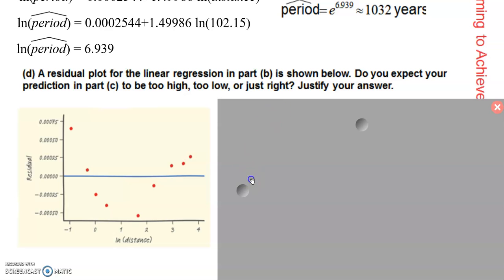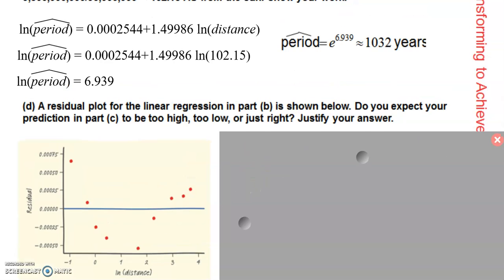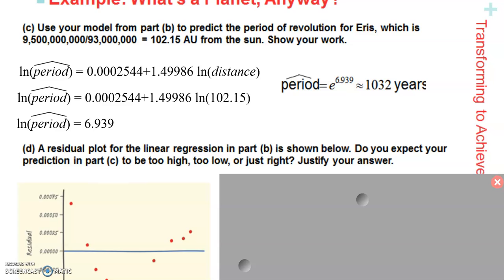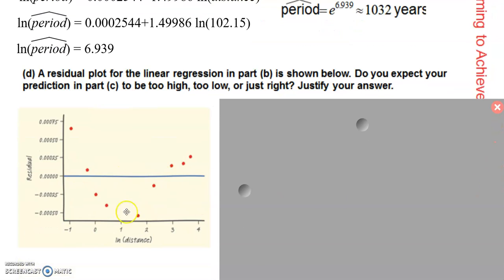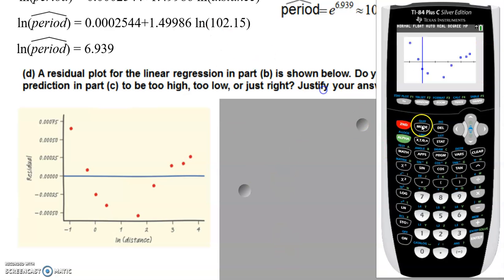So what we think is going to happen is if we plug in this number, where would that fall compared to these points? So if you plug in, and actually I'm going to do the ln of 102.15, I get about 4.6.